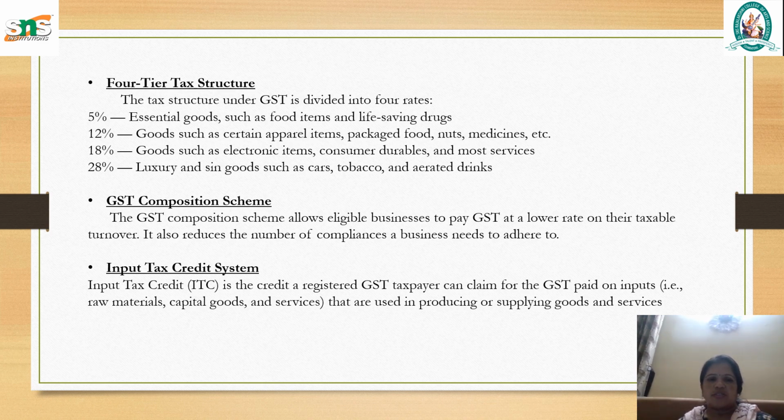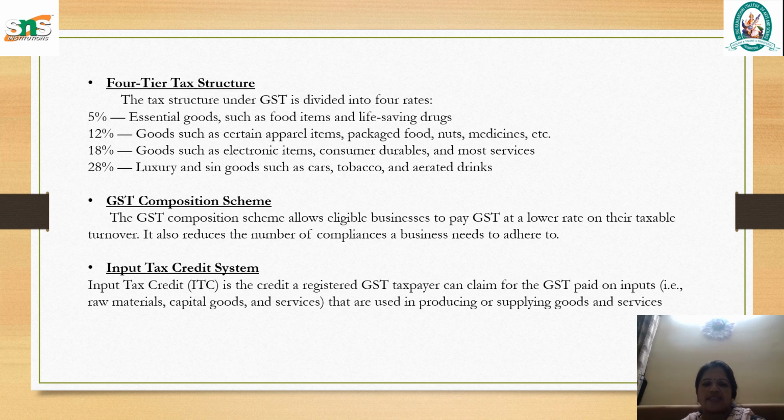GST composition scheme. The GST composition scheme allows eligible businesses to pay GST at a lower rate on their taxable turnover. It also reduces the number of compliances a business needs to adhere to.